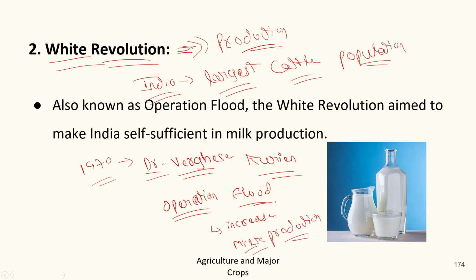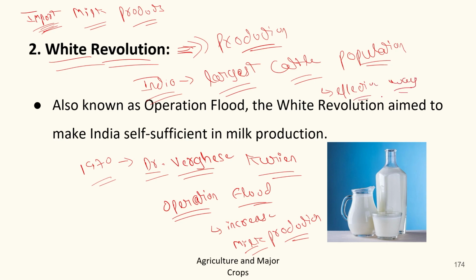Basically, he saw that we had the largest cattle population in the world. Okay, and even after that, we had to import various milk products. So, Mr. Verghese Kurian had a vision to utilize his largest cattle population in an effective way.